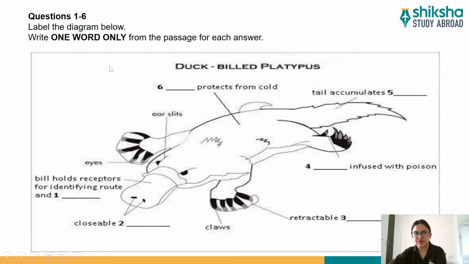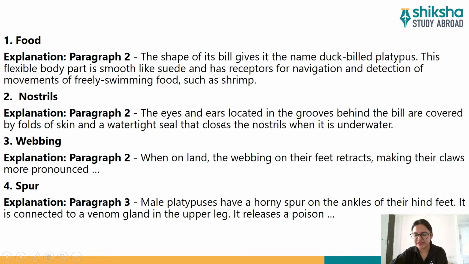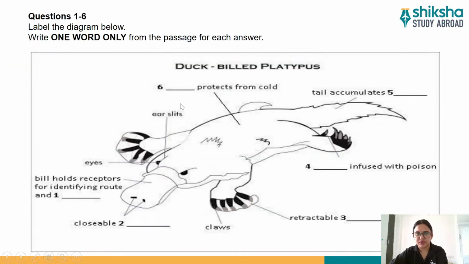Because we do not have that much time to read and solve every question and answer, we'll solve at least 3 or 4 of them. So the first answer is food. The first one is here, if you can see my cursor: bill holds receptors for identifying root and dash.